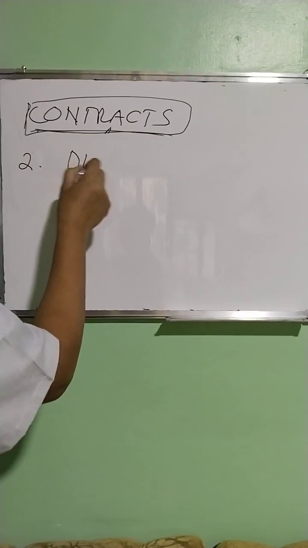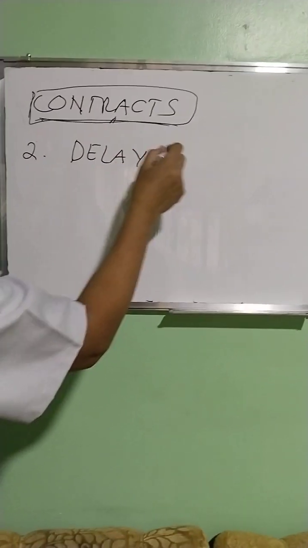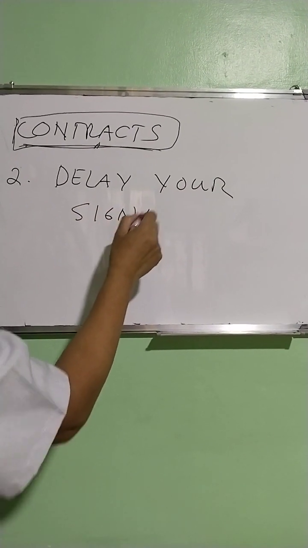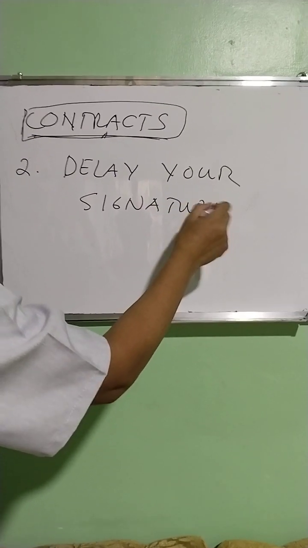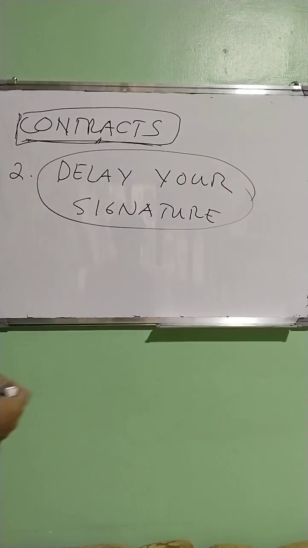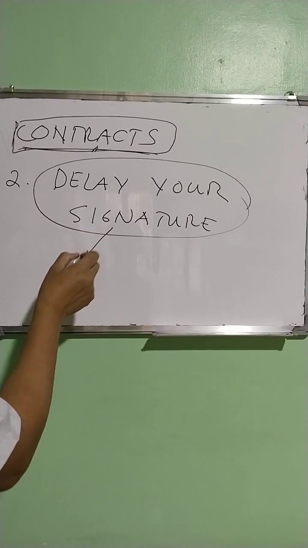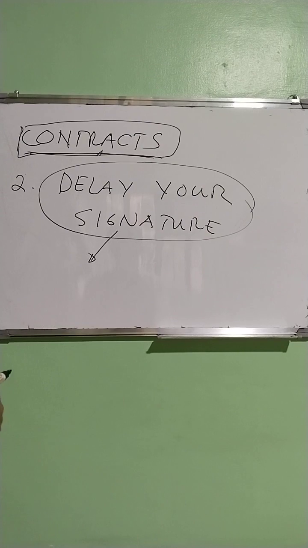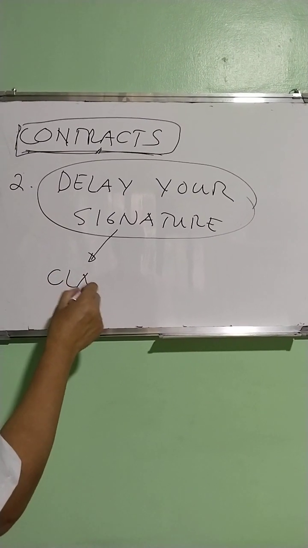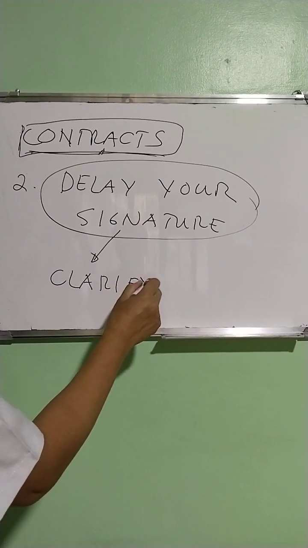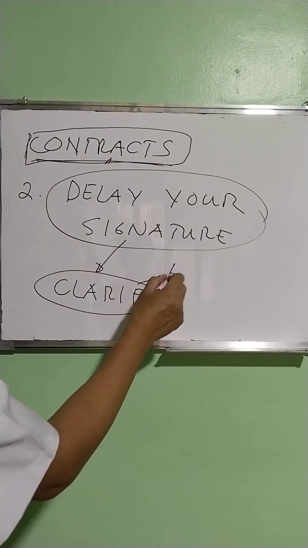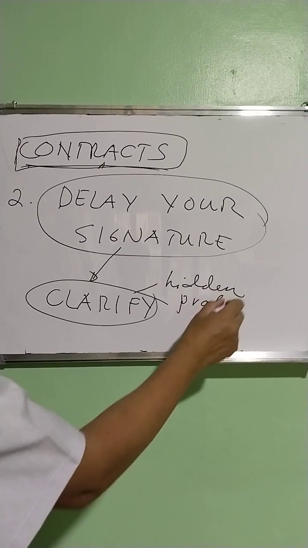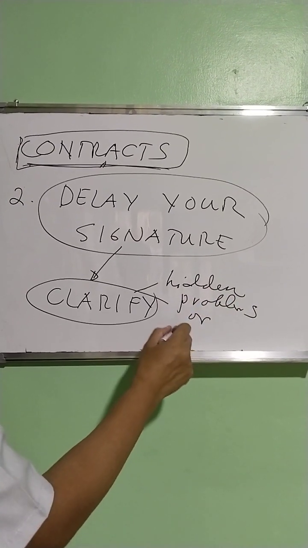So it might also be advisable for you to delay your signature. You have to delay your signature because you may be a little bit apprehensive about certain terms, so you need to clarify. Clarify all the hidden problems or gray areas.